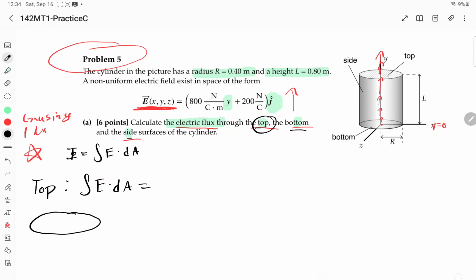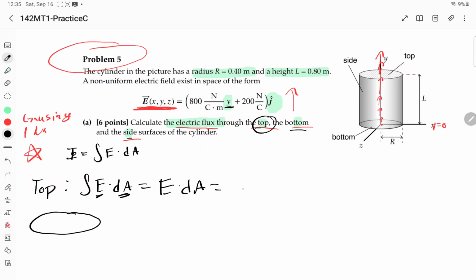The top is always at the same level y, so E is going to be constant. And A is also constant. It's a constant surface, nothing's changing. So really, you could just look at this as E dot dA, since these variables are consistent throughout the whole surface.